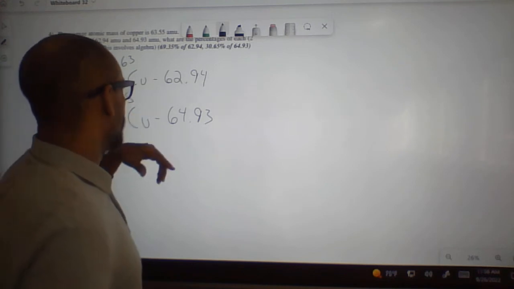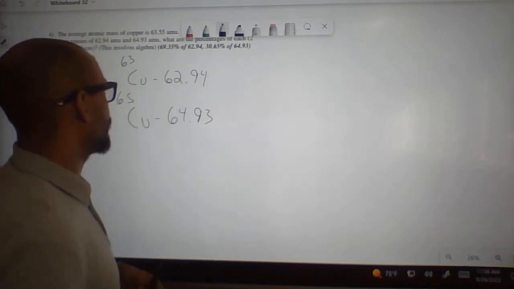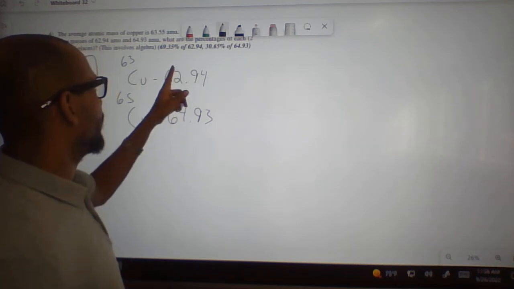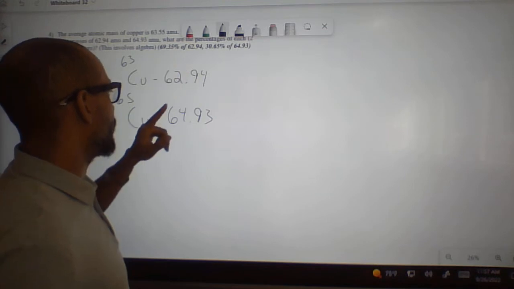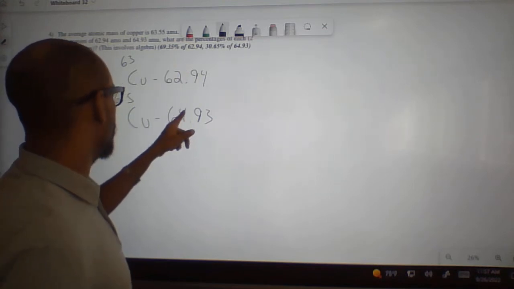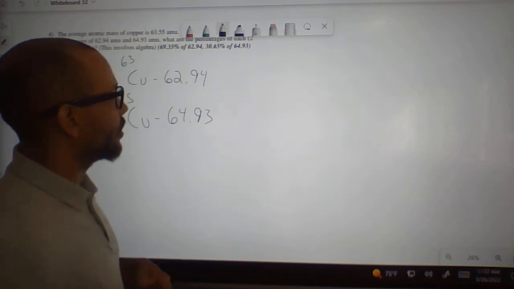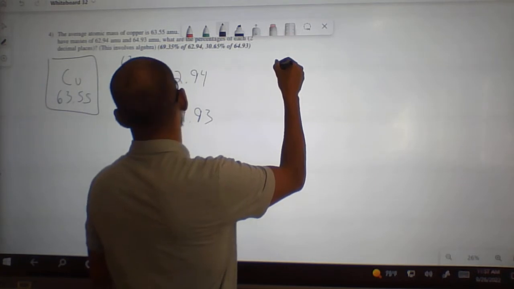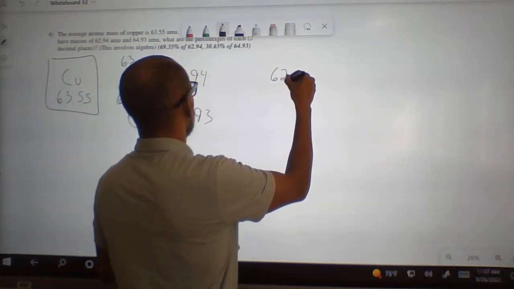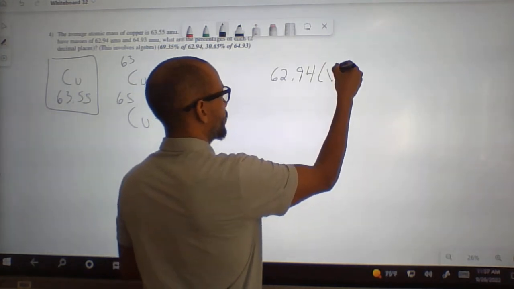All right. So first things first, we need to have a system of equations. I know that if I multiply this by its percent abundance and then add it to this one multiplied by its percent abundance, that's going to give me the average atomic mass. So I want to start setting that up. For this one it's 62.94 times some percentage.